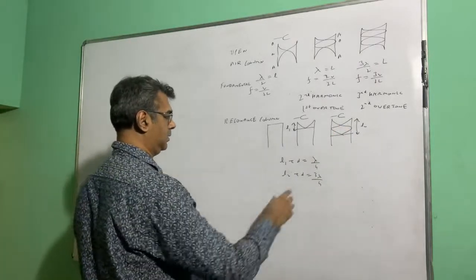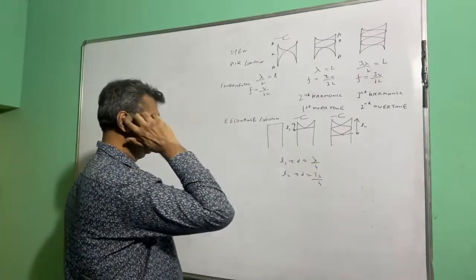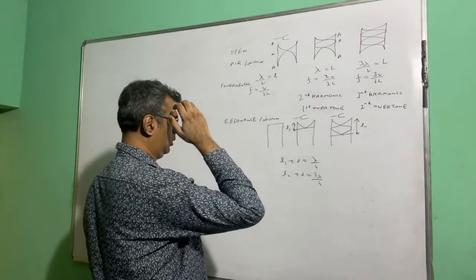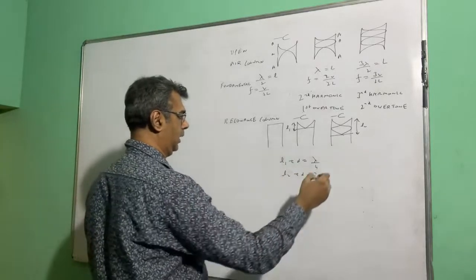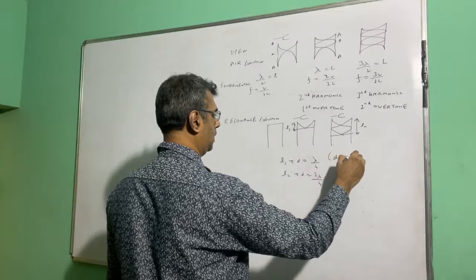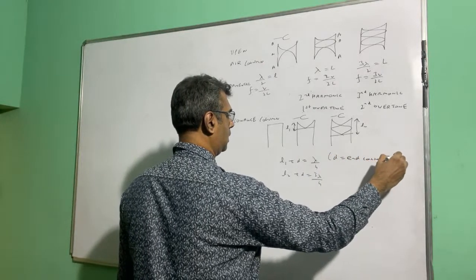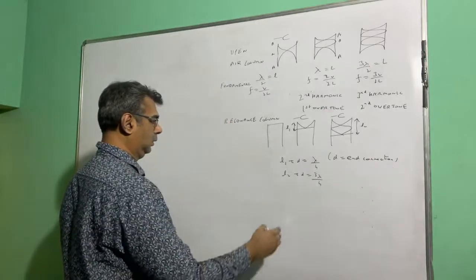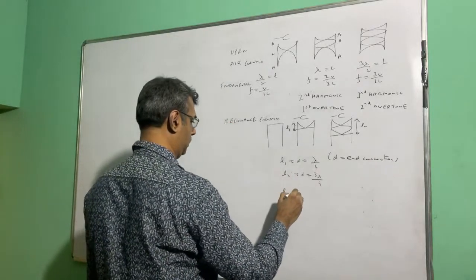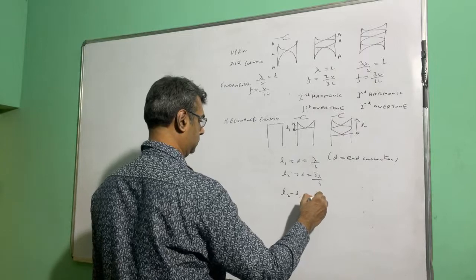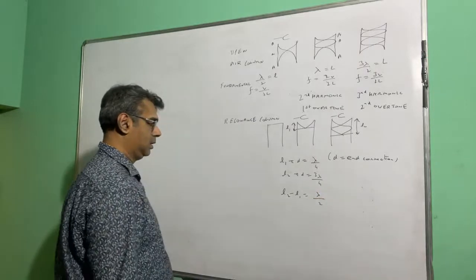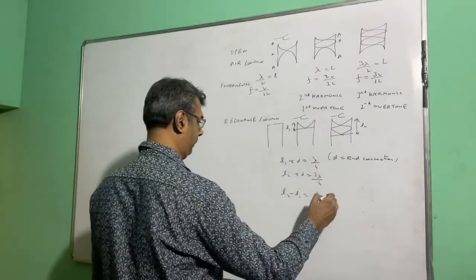L1 plus d is lambda by 4, L2 plus d is 3 lambda by 4. So d is called end correction. If you subtract these two, L2 minus L1 is lambda by 2.